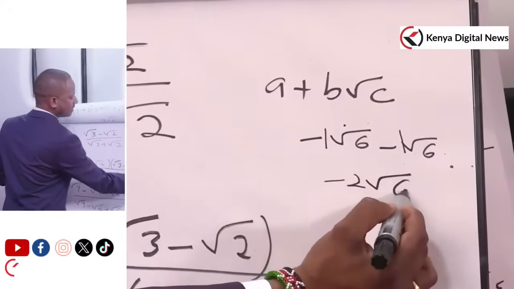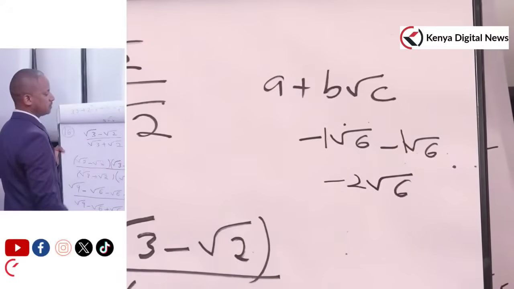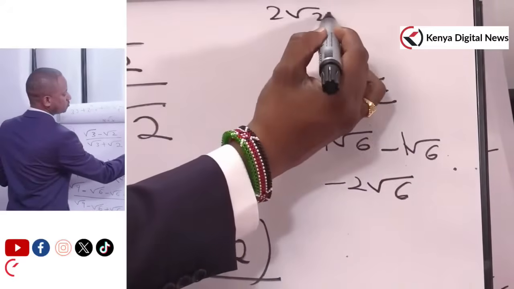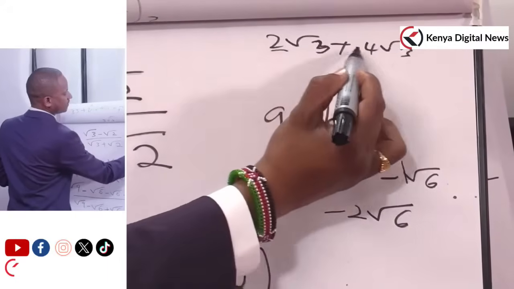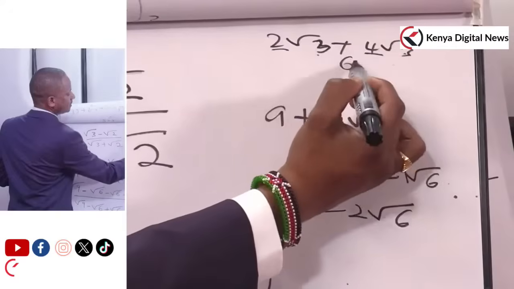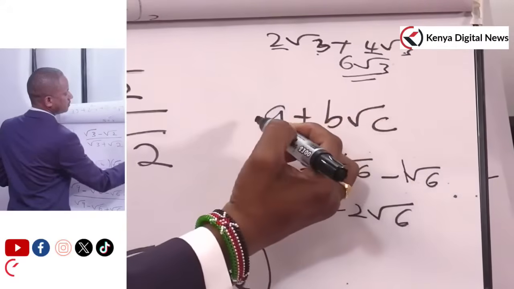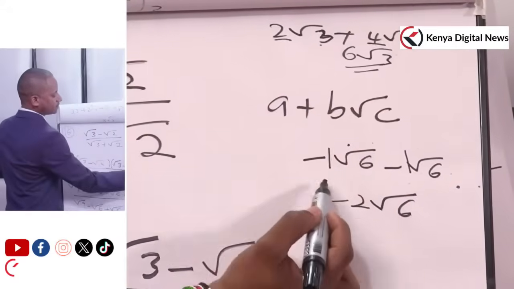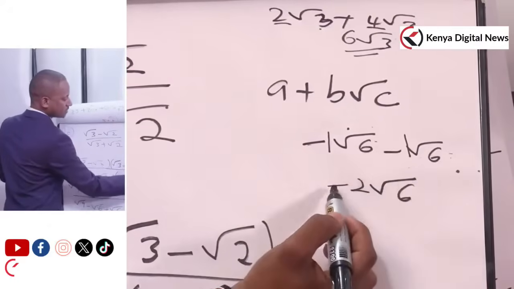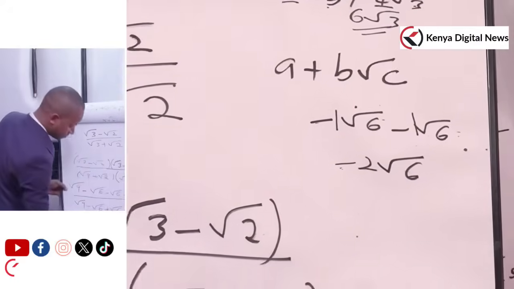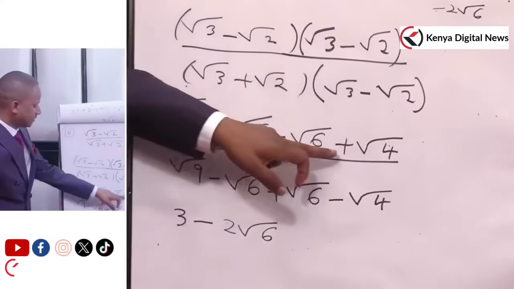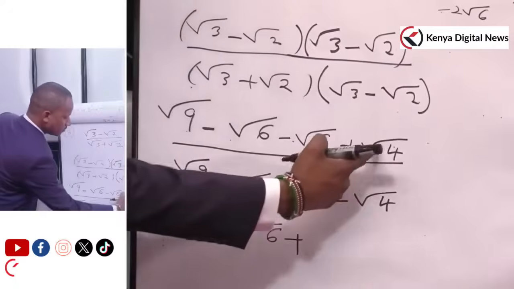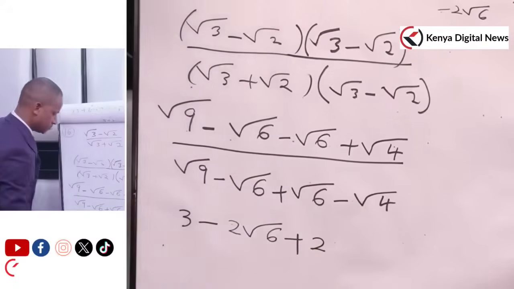Then you maintain the same root. If it was 2 root 3 plus 4 root 3, you only add this and this. You get 6, then you maintain the root. So minus root 6 minus root 6 is minus 2 root 6. So minus 2 root 6 plus root 4 is 2.